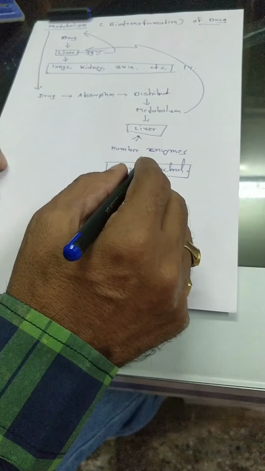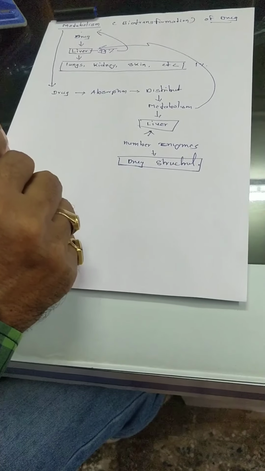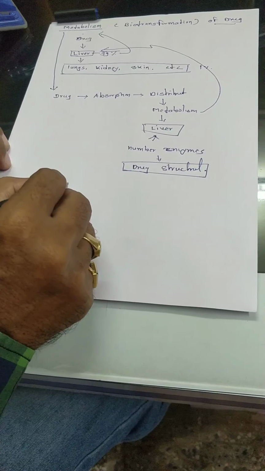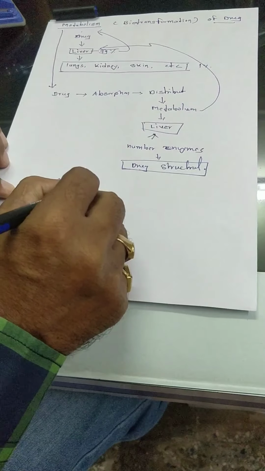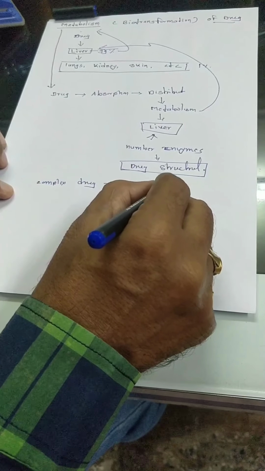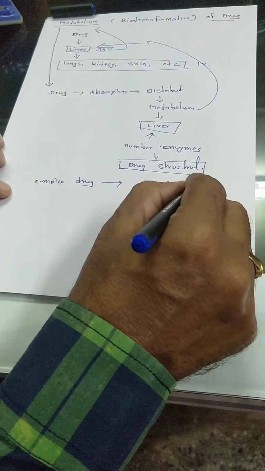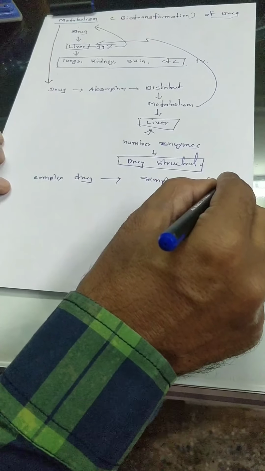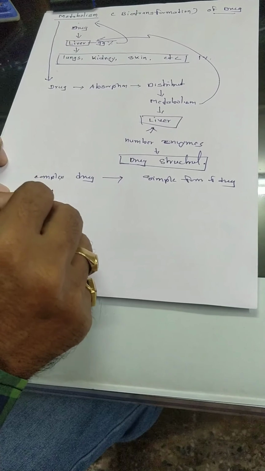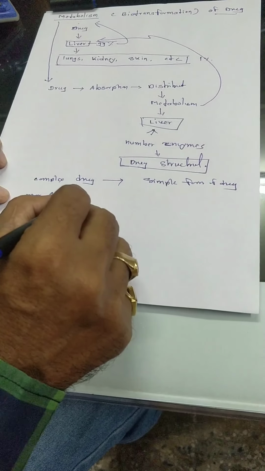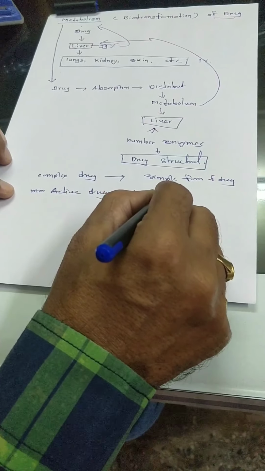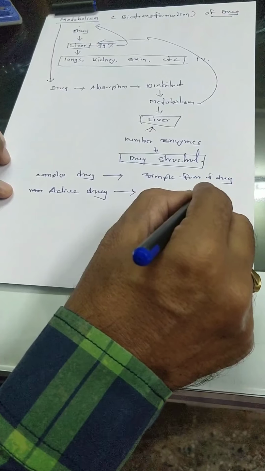The drug changes its structural activity. Metabolism is simply the conversion of a complex form of the drug into a simple form. An active drug can also convert into a more active drug.